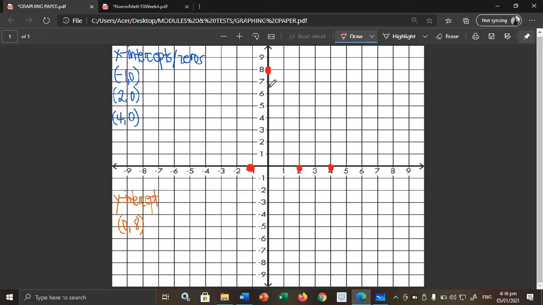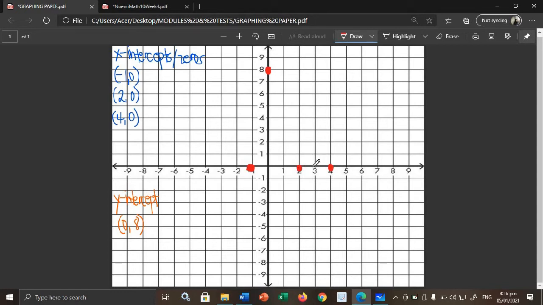So, yung graph natin, ayan na. But then, kulang pa siya. Kasi kapag pinag-connect natin tong points na to, we will be looking for the ordered pair that is missing in this part, in between the plot of 2 and 0 and 4 and 0.